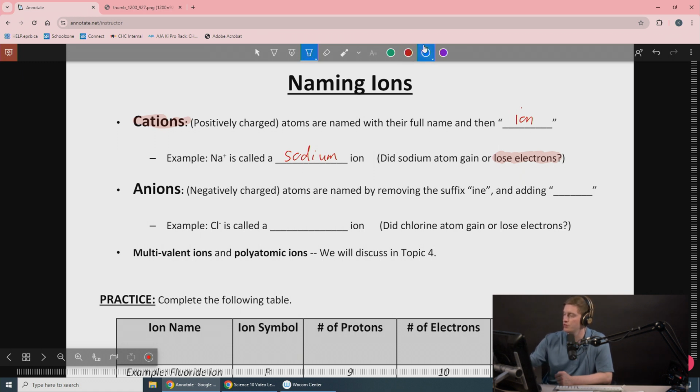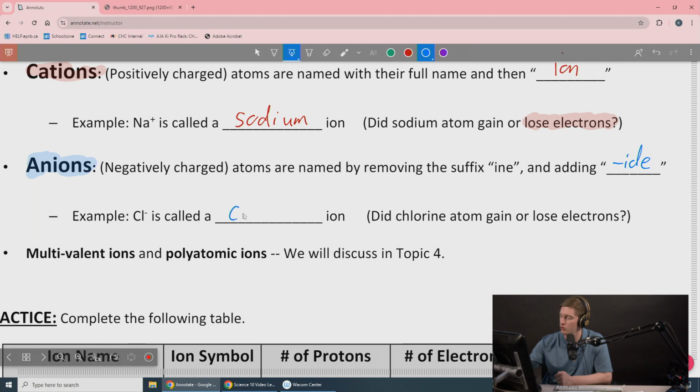Anions, which I'll use blue for, are negatively charged. We name these by removing the suffix "ine" and adding the suffix "ide." We change it to "ide." For example, Cl- is called a chloride ion.